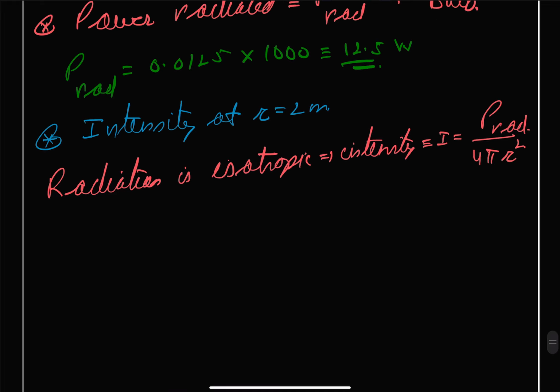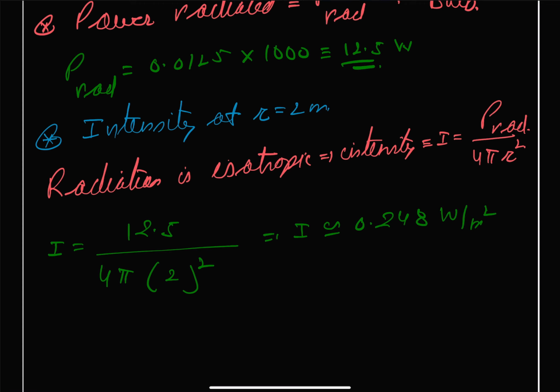I'll simply substitute the values now. So we get our intensity is equal to P radiated is 12.5, divided by 4 pi, and we have r square, that is 2 square, giving us intensity approximately equal to 0.248 watt per meter square.